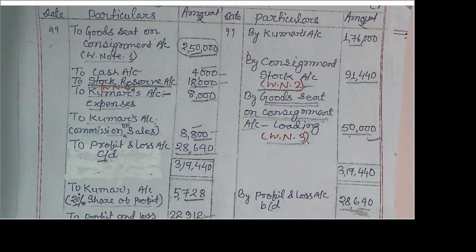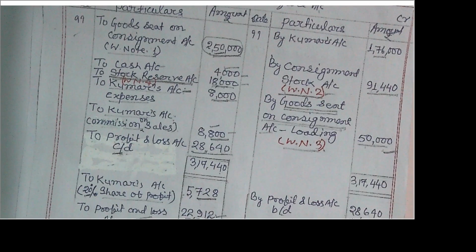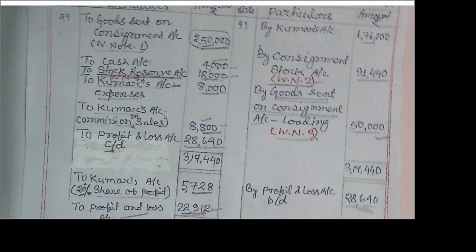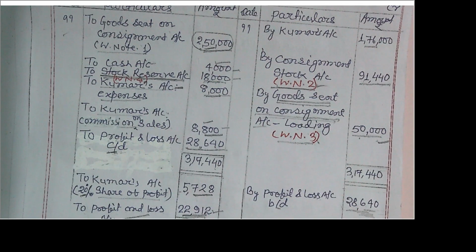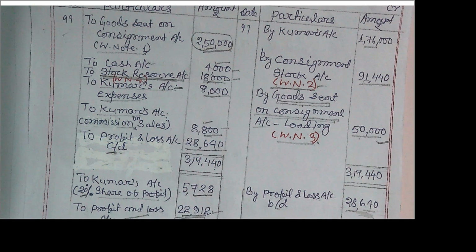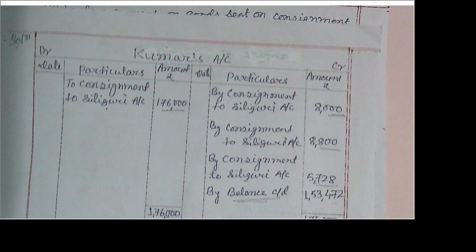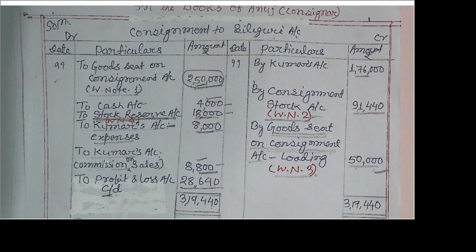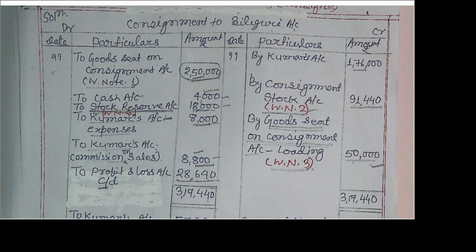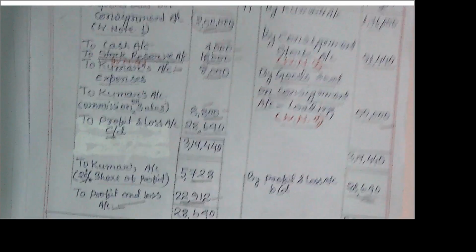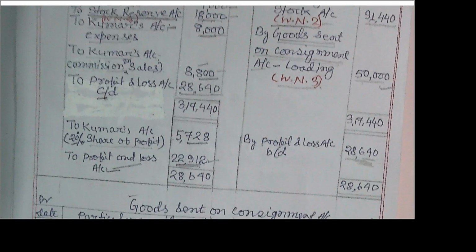I have taken invoice price method problems, especially where extra prices are added to cost price by the consignor while sending goods to the consignee. This is the solution, clearly written. So all of you practice it, pause your video and write down in your copy one by one, then you will understand step by step.